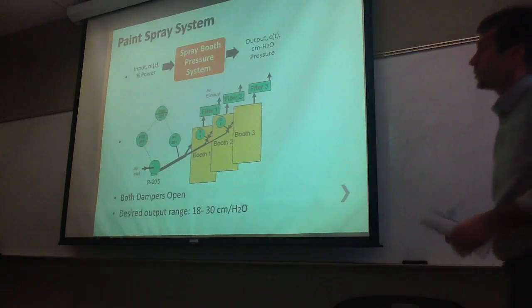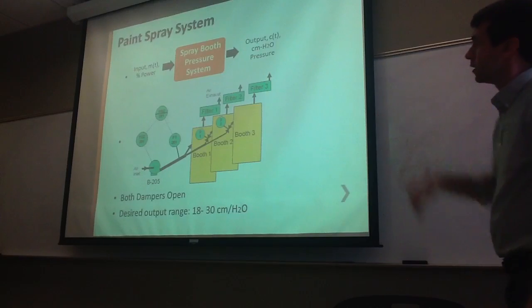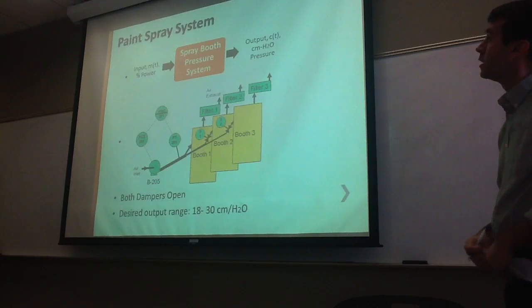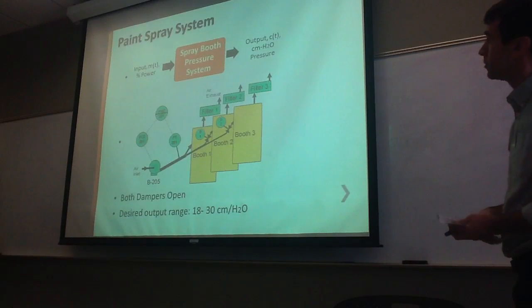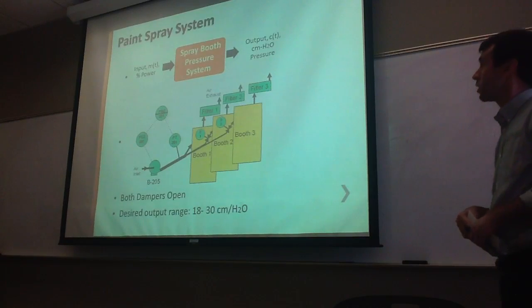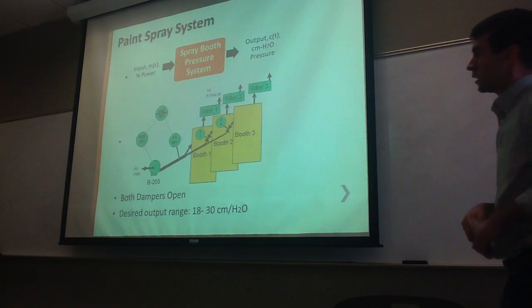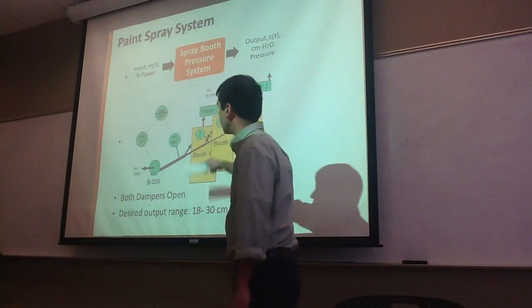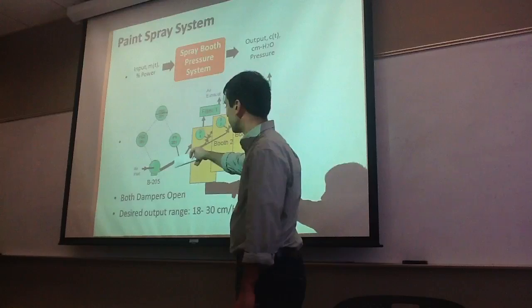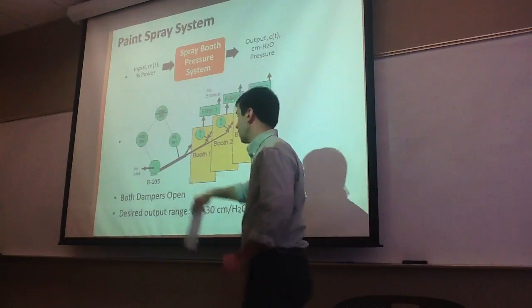Okay, here I got the block diagram and the schematic on the same slide. The input variable was the percent power into the system, and the output is the pressure in centimeters of water. And right here is the fan, and power is set up there, percentage of power.